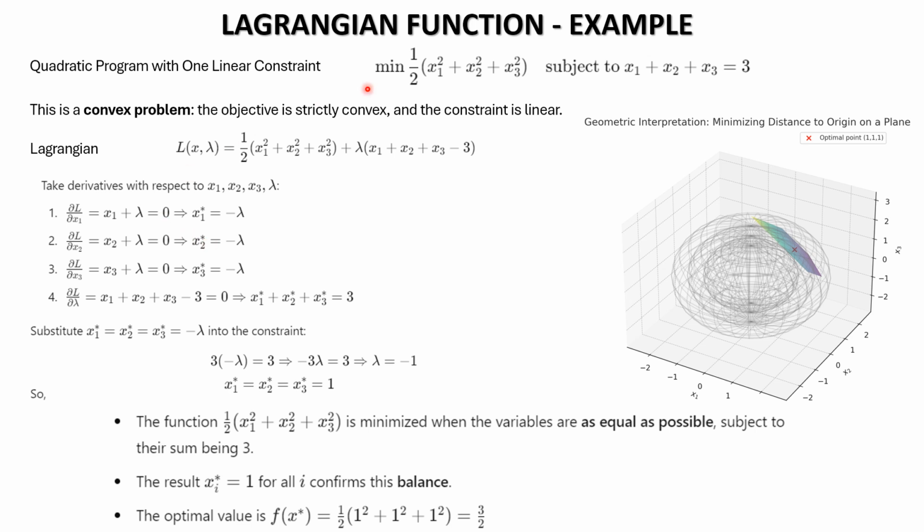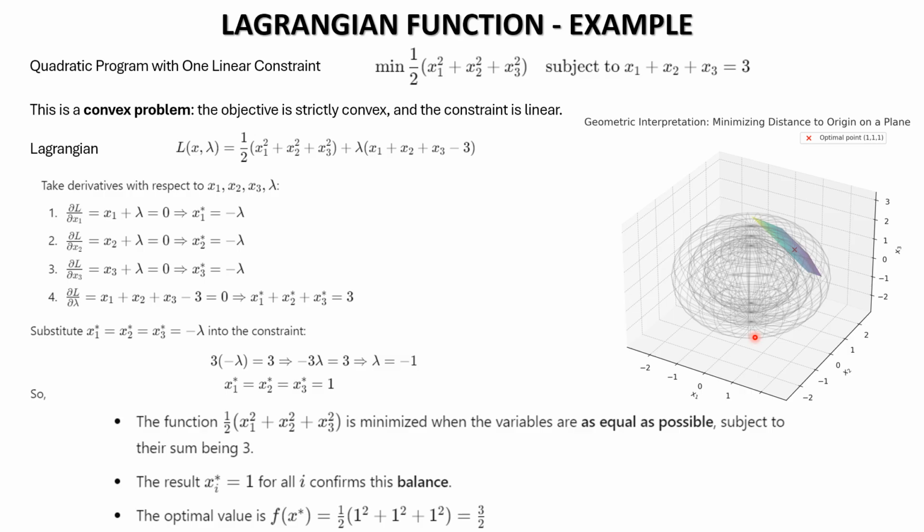So we have an objective function, we have a constraint. The objective function is actually half the square of the Euclidean norm, like 1 over 2 norm of x squared. So the level sets of f of x are spheres centered at the origin.